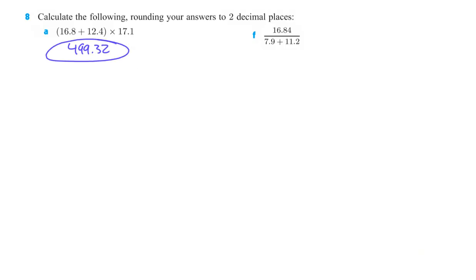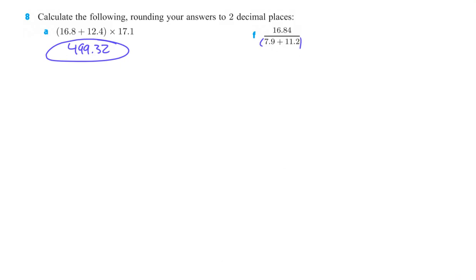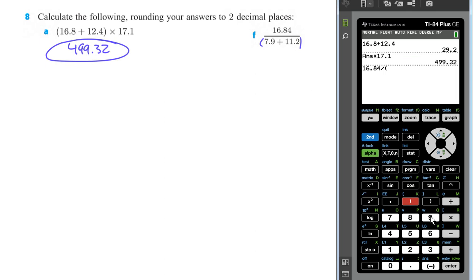And then for F, we've got, let's do this, 16.84. Now we want to divide by both 7.9 and 11.2. So I'm going to put parentheses because I want this to happen first, right? So 16.84 divided by 7.9 plus 11.2.